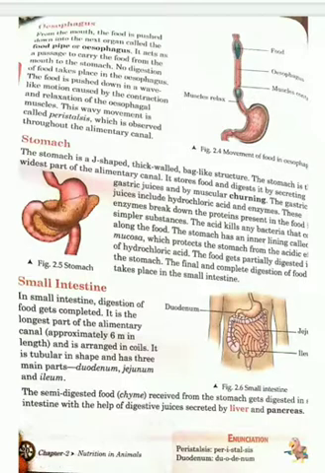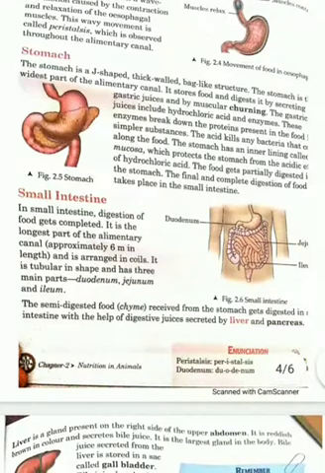The food is only pushed down by a wave-like motion caused by contraction and relaxation of the esophagus muscles. We give a name to this wavy movement, that is called peristaltic movement, which helps the food go down from the food pipe to the stomach.